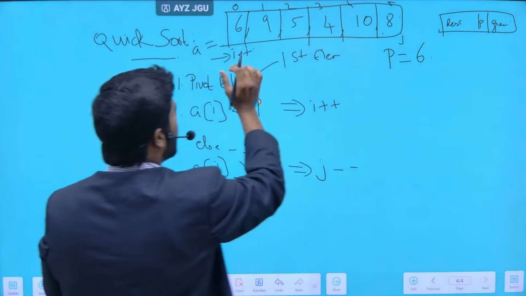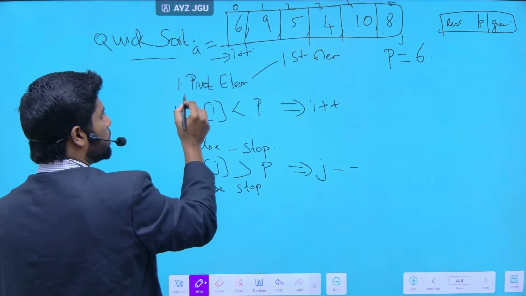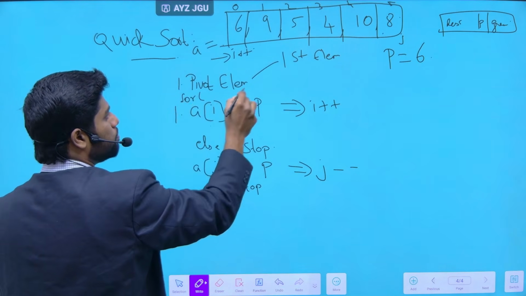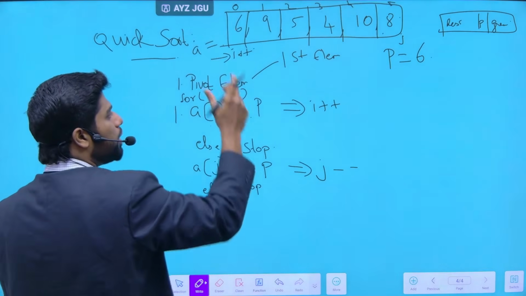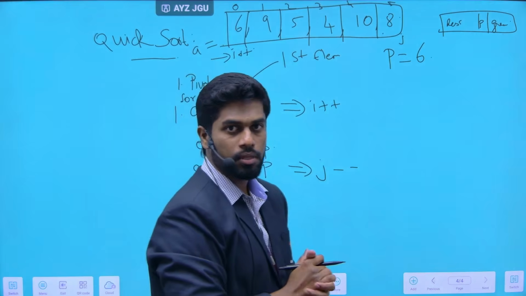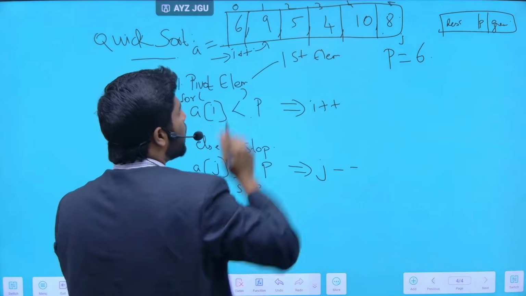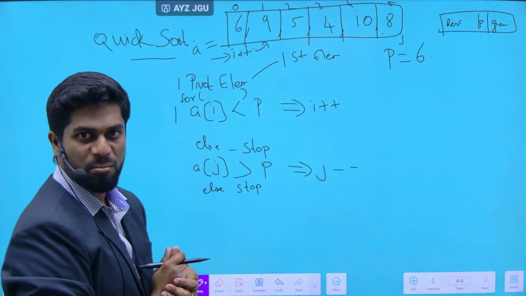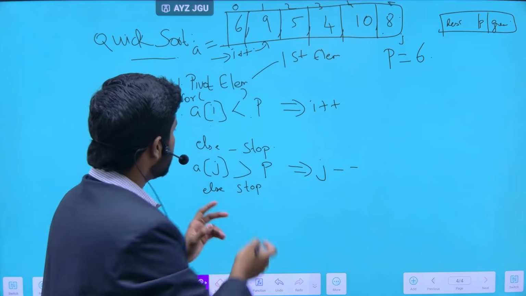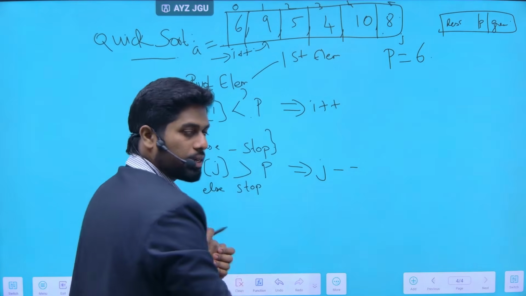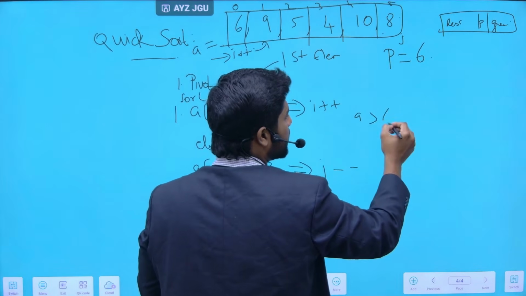Now compare A of 0; this will be under a for loop. A of 0 is the pivot element, 6, let it be. Next, go to I plus plus. What is that? 9 is greater, else this condition will be there. So 9 is greater than 6.